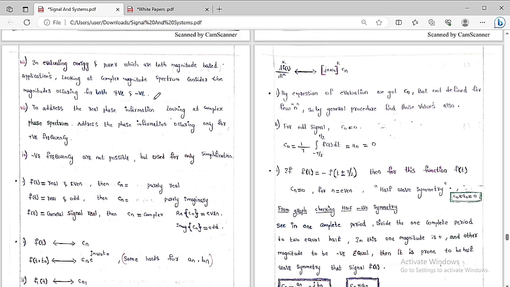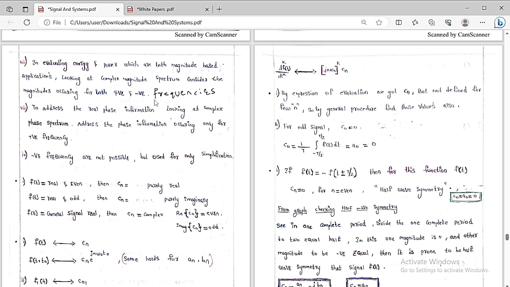So basically, whenever you want to evaluate the energy as well as the power of a signal, both of these concepts are magnitude-based applications. Therefore, if you are looking at the complex magnitude spectrum, consider the magnitudes occurring for both the positive as well as the negative frequencies.